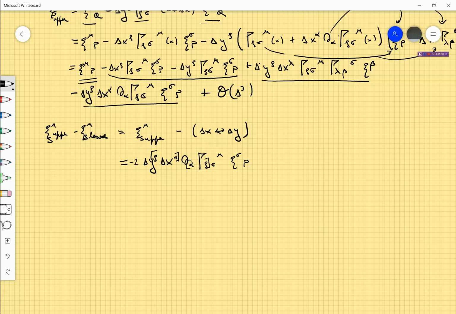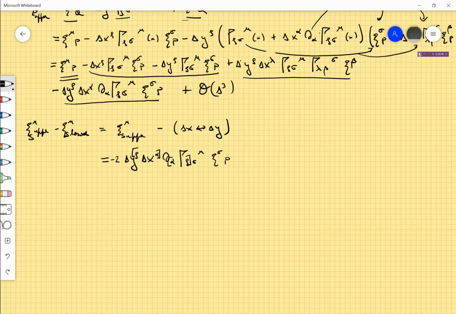Now let's consider the other term. Okay, you see that I am going to do the same reasoning. And the only effect of subtracting a term with delta y and delta x interchanged is that I antisymmetrize and I multiply by 2. This is the result, but I need to massage it a bit.